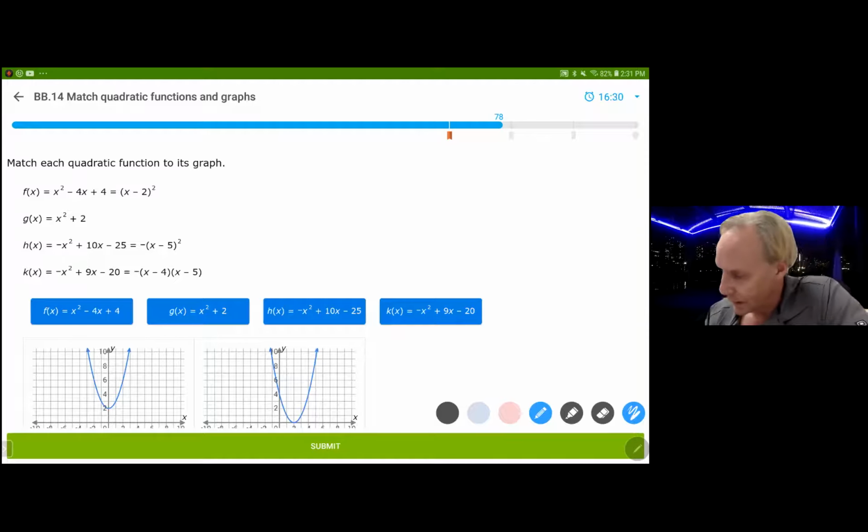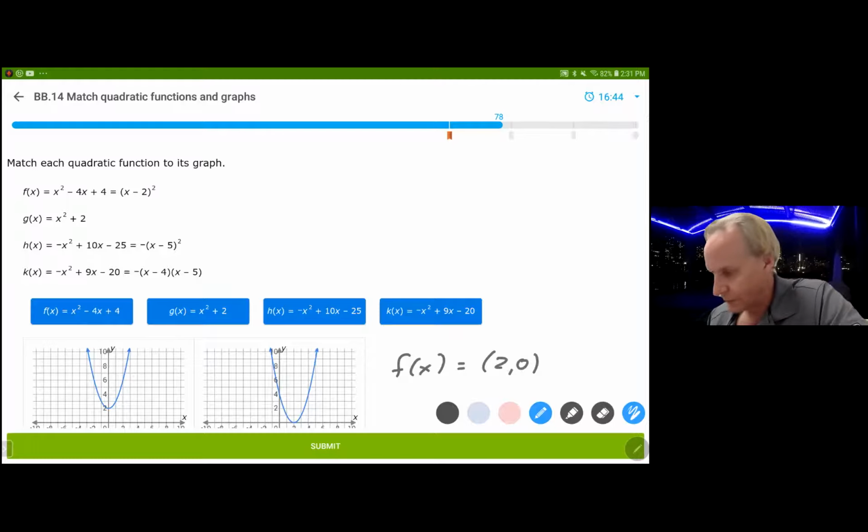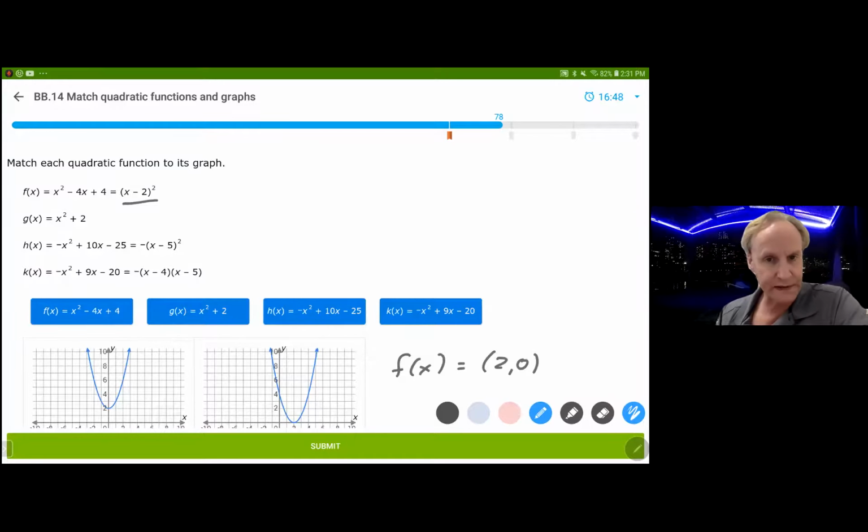All right. F of x, we're looking for, let's see, I'll just write it down here. F of x, we're looking for the vertex at (2, 0). When I put a 2 for x, it gives me that 0 squared, and that's going to be where my vertex is. My vertex for this one is going to be where the 0 is squared, and that gives me 2.